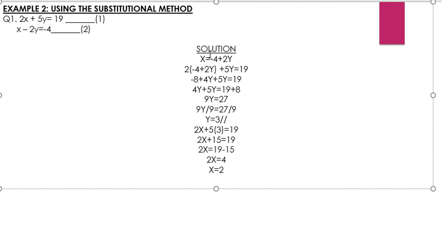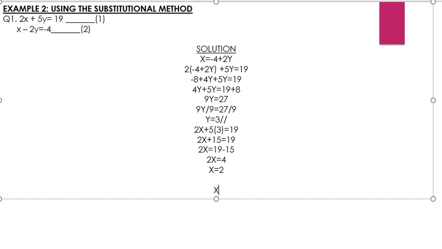If you want to know whether we'll get the same answer when we put the value of y in this equation here, we can try it. Here we have x giving us negative 4 plus 2 times our y, which is 3.